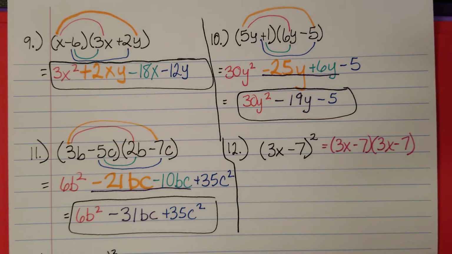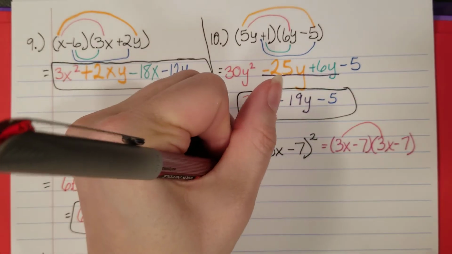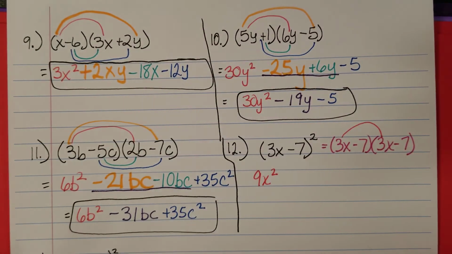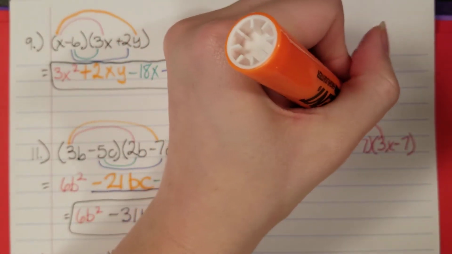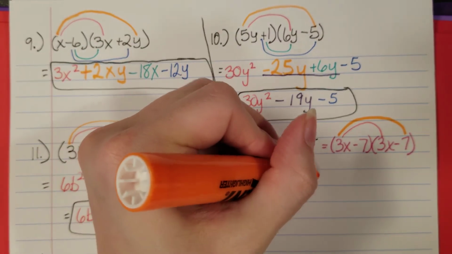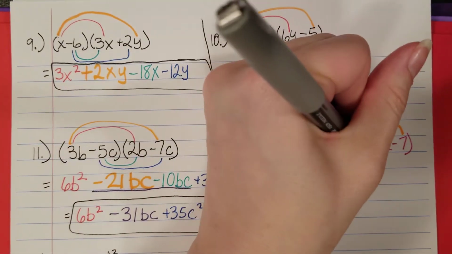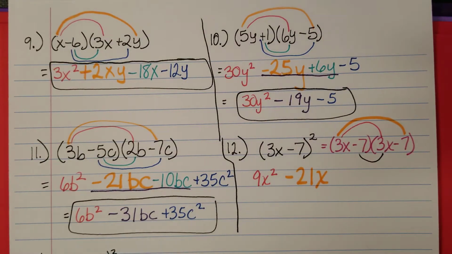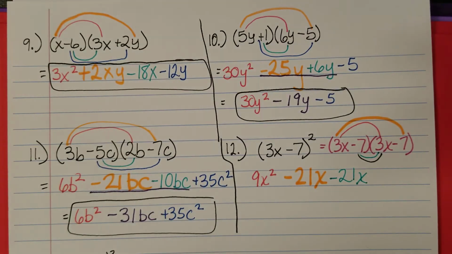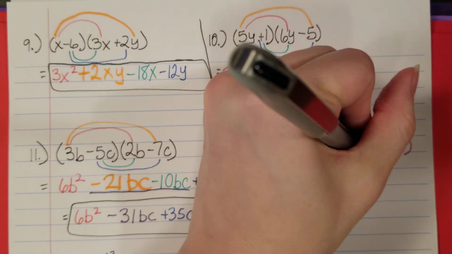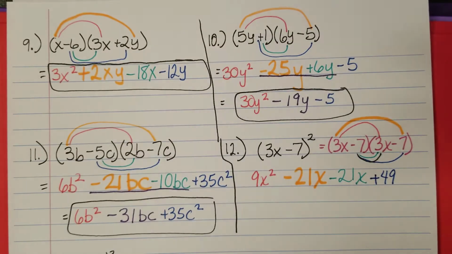So 3x times 3x gives me 9x squared, and then outside 3x times negative 7 equals negative 21x, and then inside negative 7 times 3x is negative 21x. Then last, negative 7 times negative 7 is positive 49.